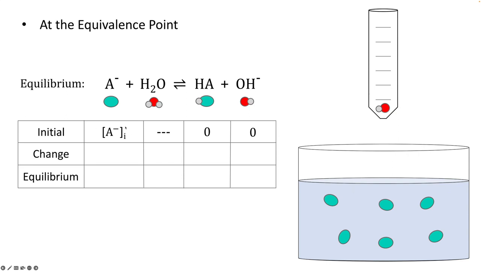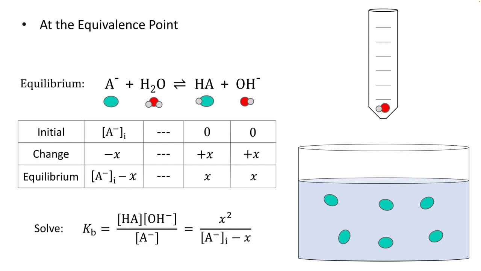We can figure out our initial concentration of A- if we assume that the A- hadn't undergone this reaction. But it does a little bit, and at equilibrium we know the concentrations in terms of this change X, which corresponds to the OH- concentration at equilibrium.